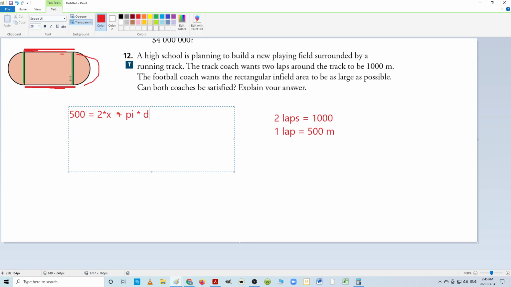Well, that green line happens to be the exact diameter of that circle, which means the perimeter is going to be 2 times the x plus this value, which is 3.1415. Pi is just a number, but pi times y. But I also know that the diameter of that circle, let's see if we can figure it out.